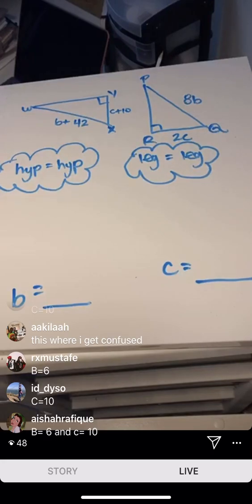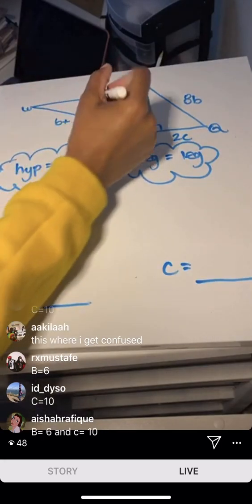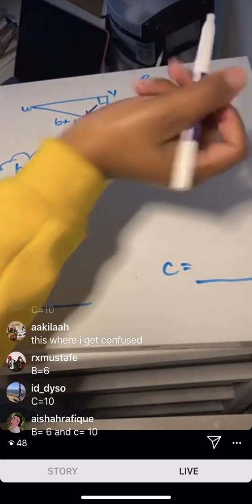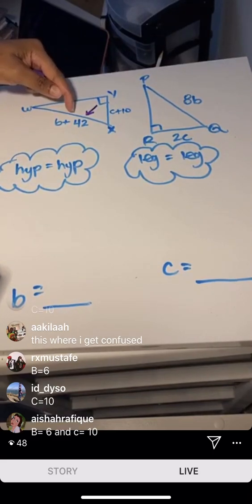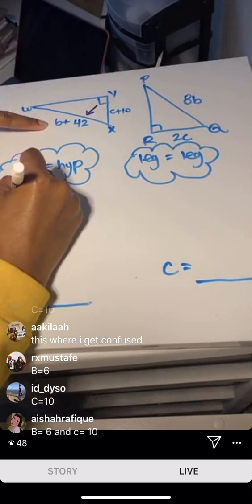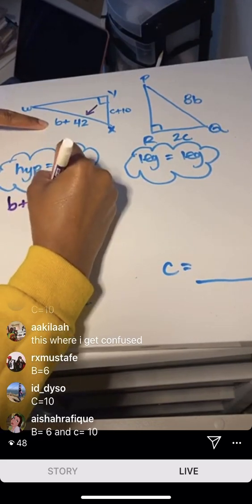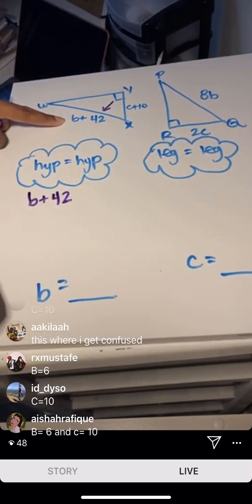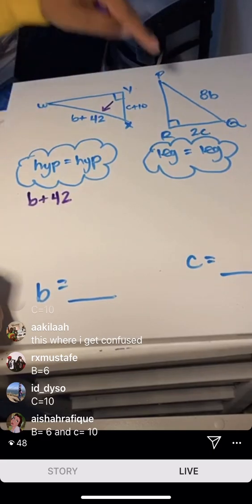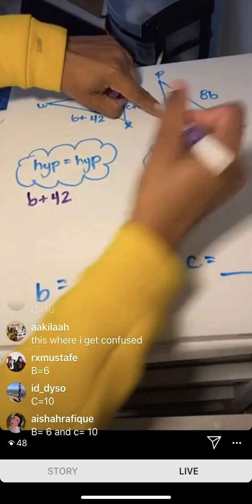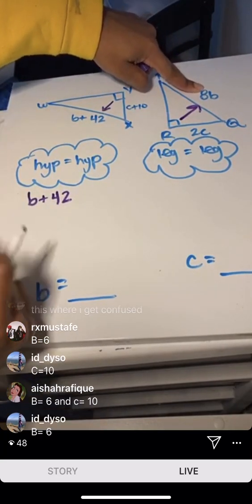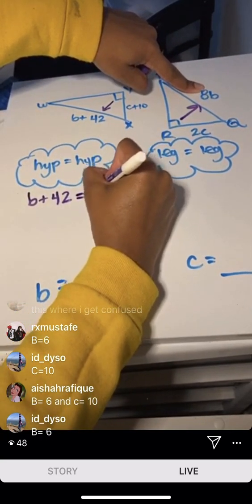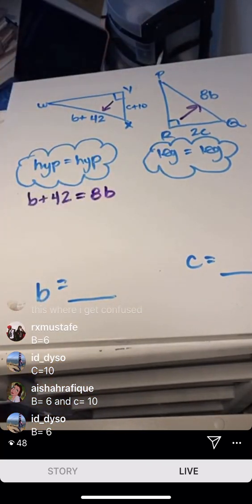I'm going to start working it out in the interest of time. So for my hypotenuse, I'm going to start with my first right angle and I'm going to go across from the right angle. That hypotenuse is B plus 42. Okay? I'm going to go to my second triangle, go to the right angle, go across from the right angle, and that is 8B. So B plus 42 equals 8B.